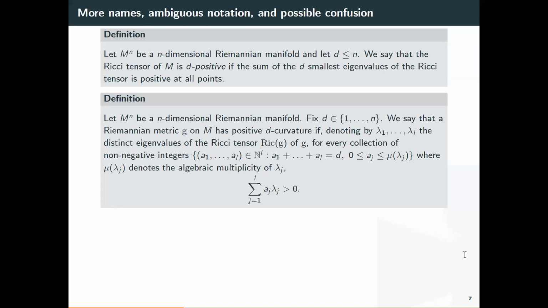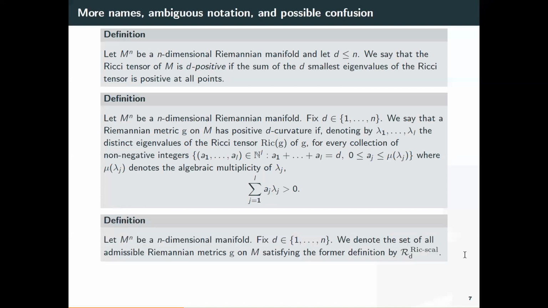So this notion, of course, encompasses the former definition about the D smallest eigenvalues. We are taking every possible combination of the sum of the eigenvalues of the Ricci tensor. And we shall introduce a notation here.